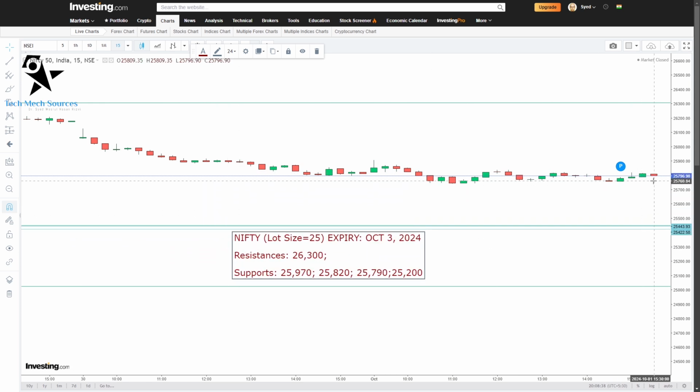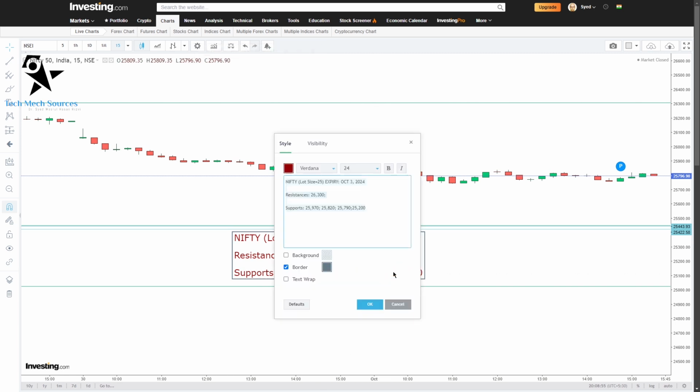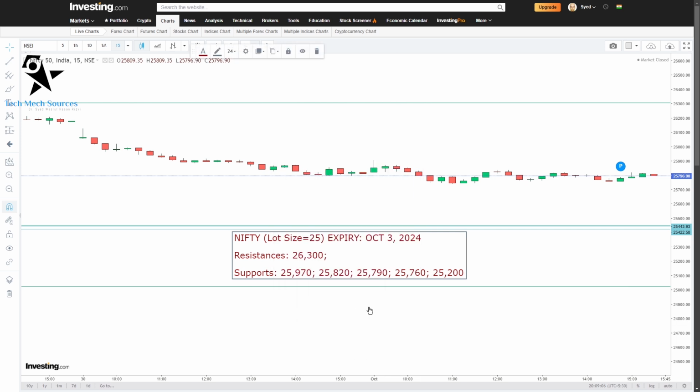Well, 25,760. 25,760 is the major support according to the 15-minute chart. So I'll write here 25,760. So we have seen supports and the resistances.